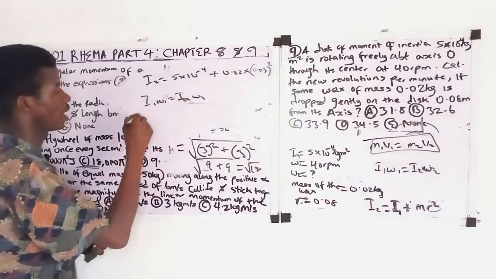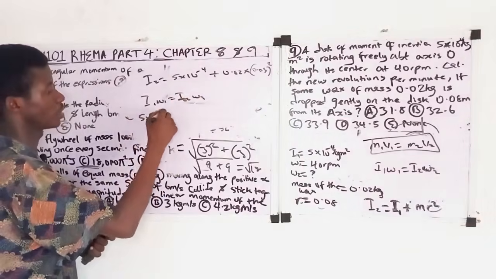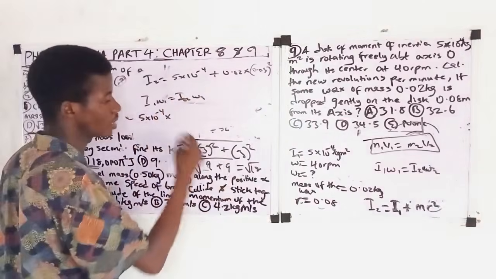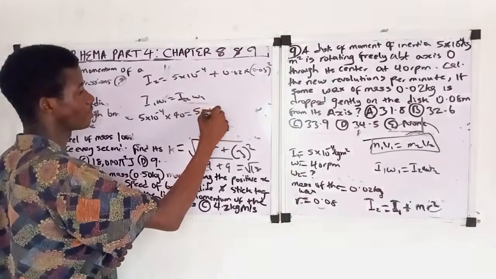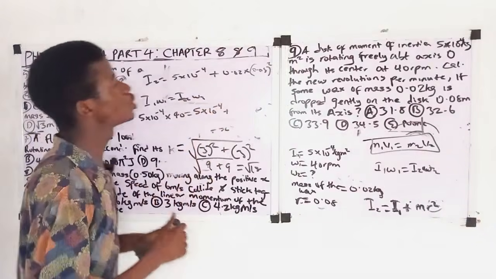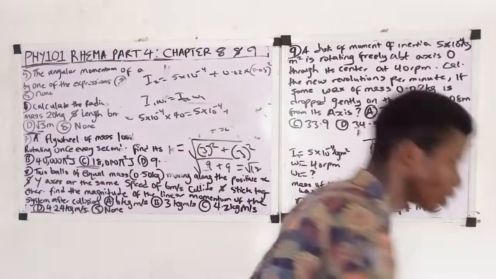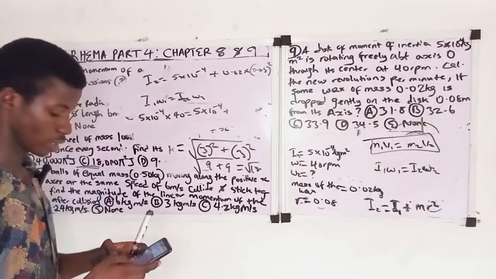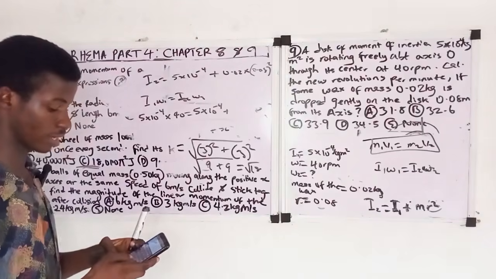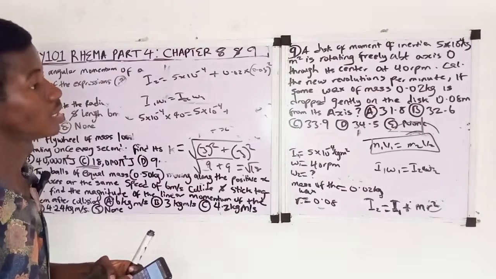So I1 is 5 times 10 raised to minus 4 times W1, which is 40. Then I2 is 5 times 10 raised to minus 4 plus 0.02 times 0.08 squared.